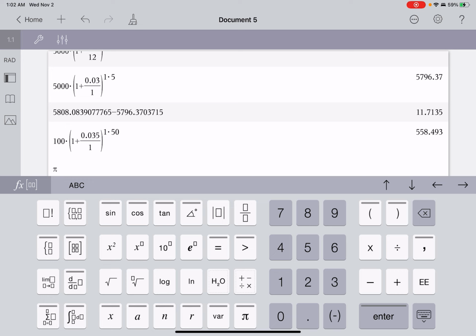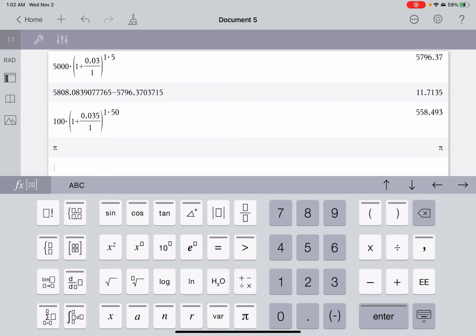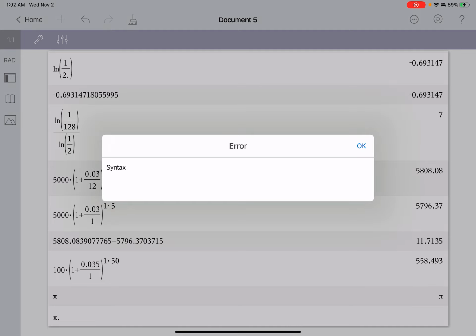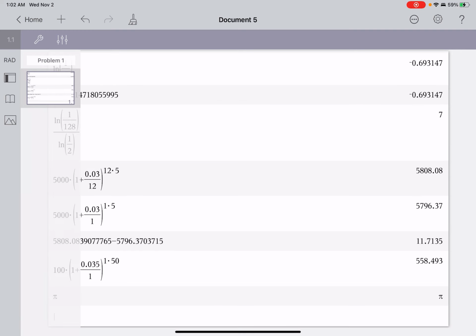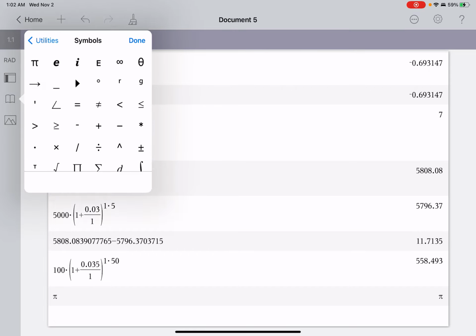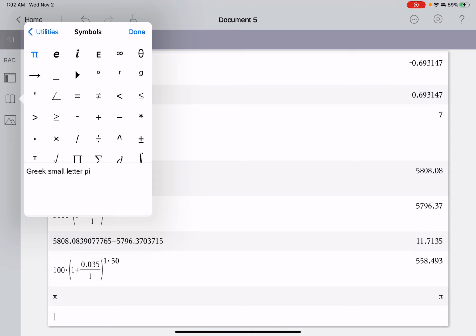So if I put pi in the calculator, hey, why didn't it give me the number? Let me try that again. Okay, it's not giving it to me for some reason. That's weird. Let me see. I'm not that comfortable using this app. Symbols. Pi.